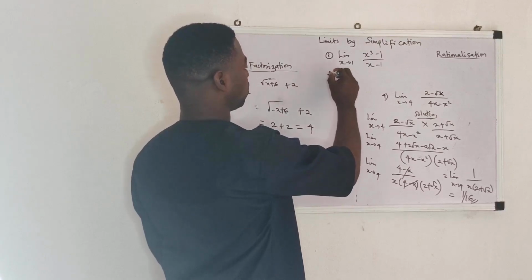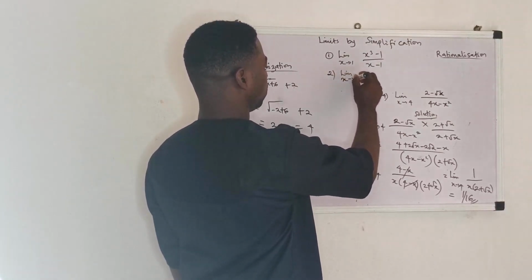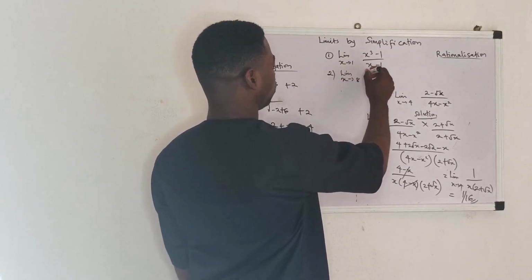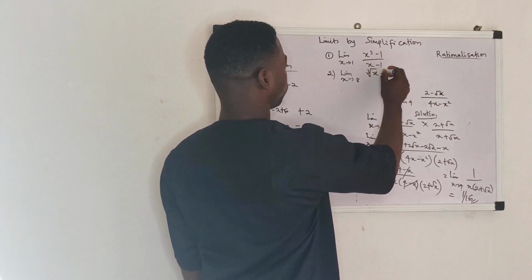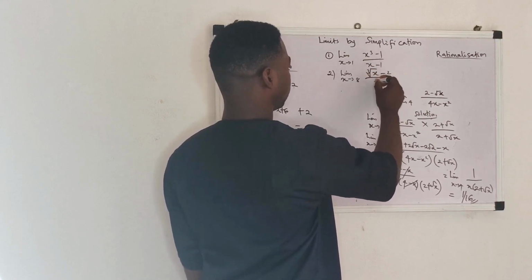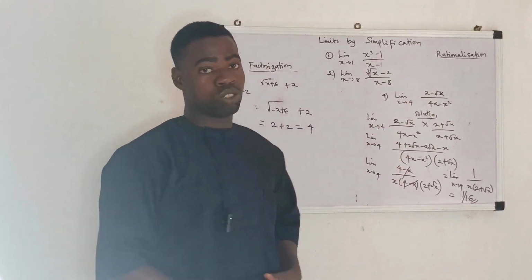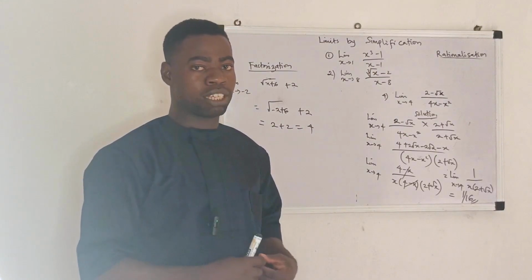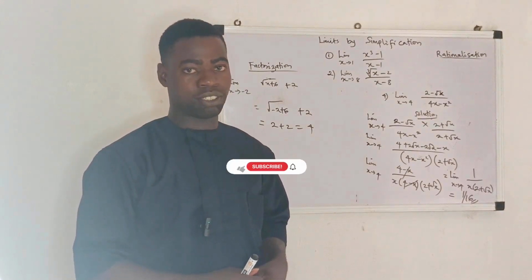And lastly, the limit as x approaches 8 of the cube root of x minus 2 divided by x minus 8. So try these questions, and when we come back later, we'll know whether or not we were correct.